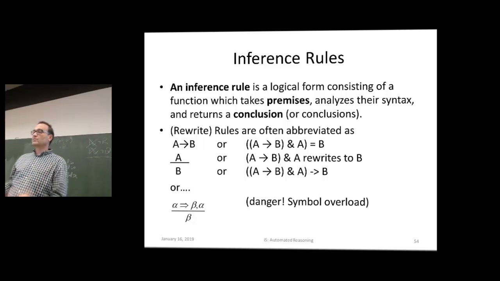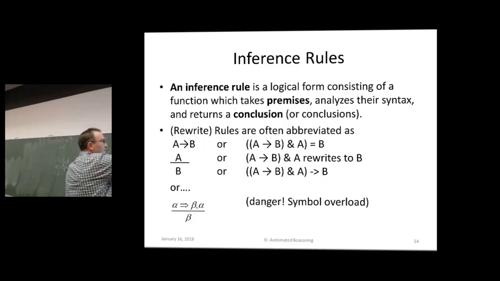It's the classic rule, and it often is written like this. So sometimes you have the two assumptions on the top and the conclusion underneath. Here you have the two assumptions comma separated. The meaning is always the same.